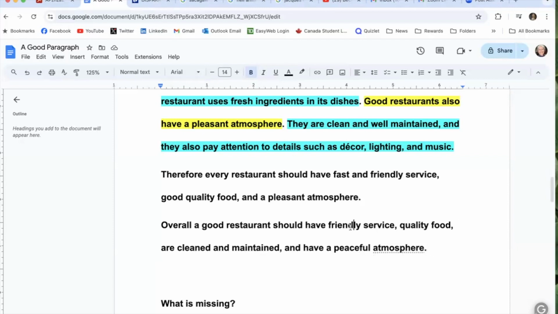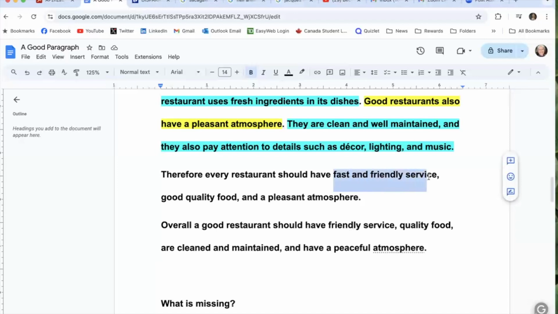Good. Okay. So what we're looking at here, I don't know if you've ever heard of this, parallel structure. Do you know what parallel is? Two lines that run together? Yeah. Well, in writing, it's when the words match. So if we look at Sophie's, the parallel structure is, okay, the restaurant should have fast and friendly service, good quality food, a pleasant atmosphere.